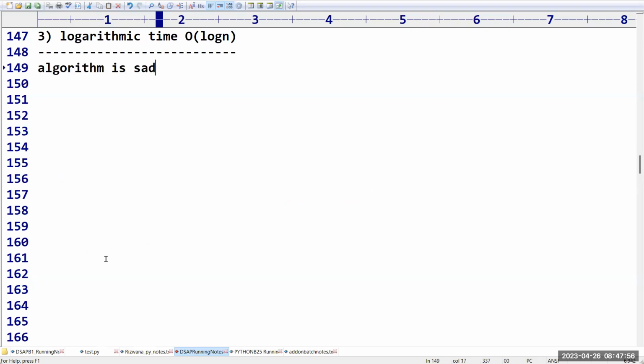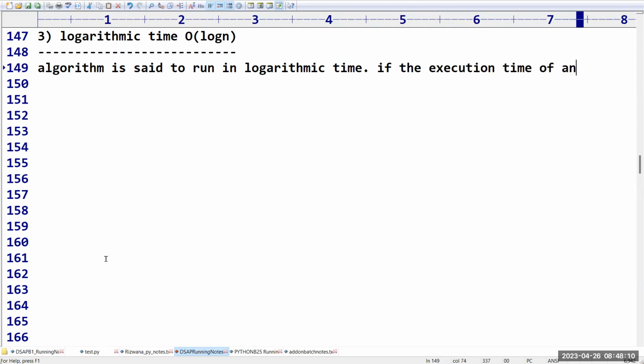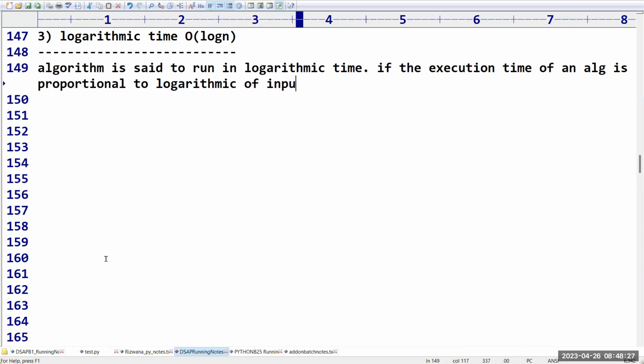An algorithm is said to run in logarithmic time if the execution time of an algorithm is proportional to logarithmic of input size.